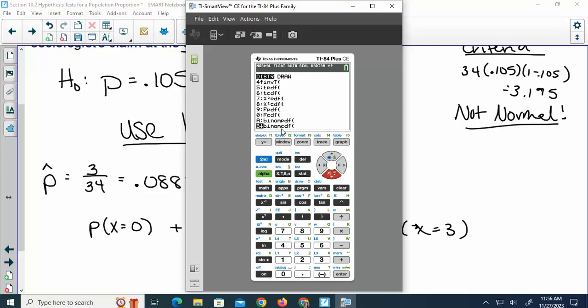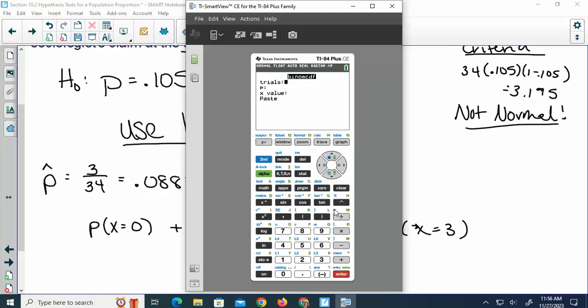The CDF is a cumulative, so instead of us having to find the 0, the 1, the 2, and the 3 separately, it will find all of them added together for us. So that is the shortcut. So we went second, vars, and we went letter B, the binomial CDF.